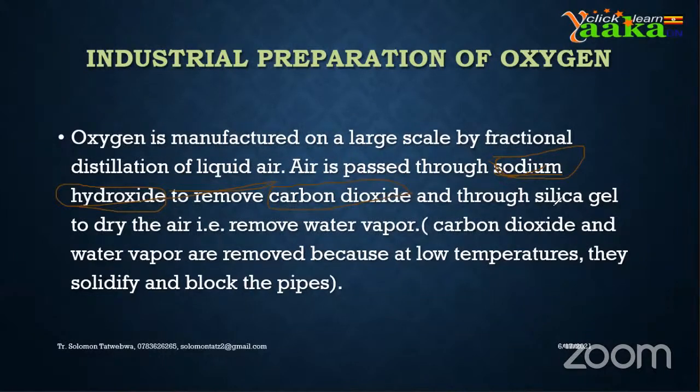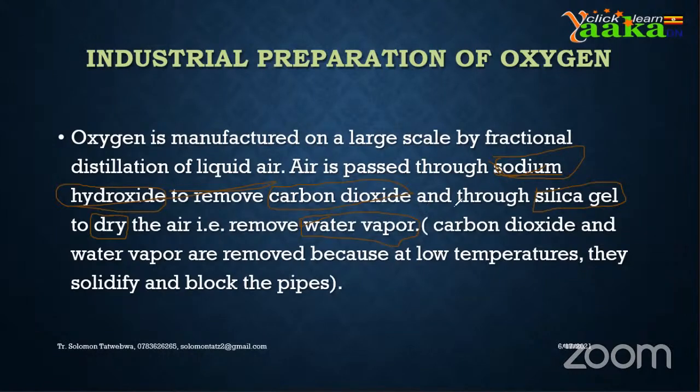And then through silica gel, to dry the air. So this one does the drying, but also it removes the water vapor. By drying, we actually mean removing water vapor. So we know that water vapor is also another component that we find in air. So we remove it. So now we have water removed and carbon dioxide removed.